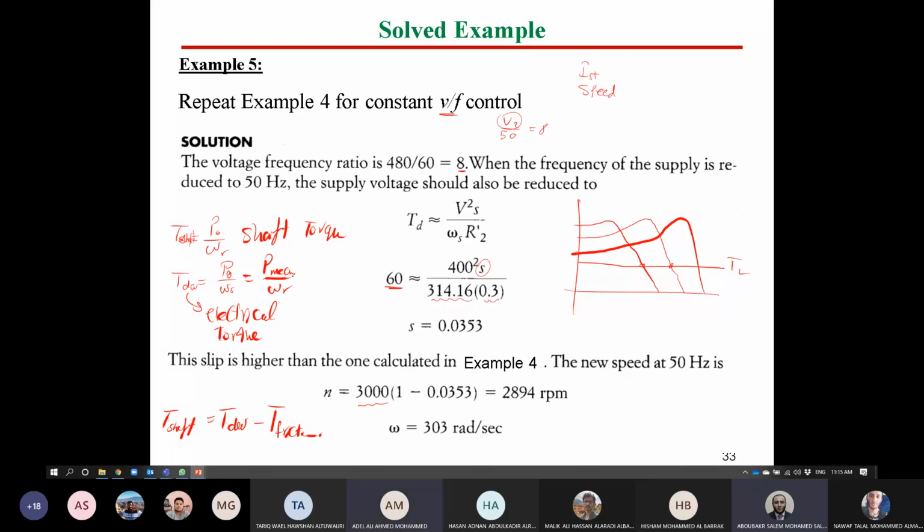However, if you have friction in the motor, in this case T shaft will be P output over omega R, not omega S, because the shaft speed depends on the rotor speed, not the synchronous speed. Yes.